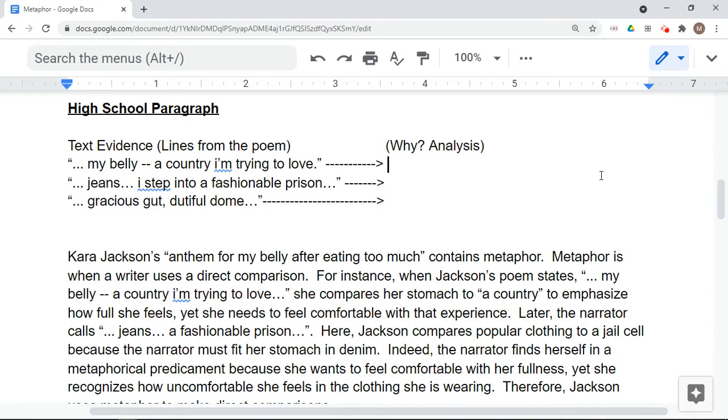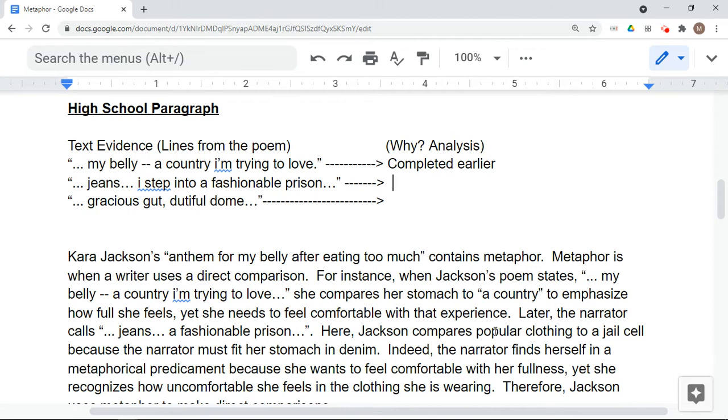So I think we answered this earlier. We completed this in the previous, write down here to emphasize how full she feels, yet she needs to feel comfortable with that experience. So I think we addressed that. I think we addressed this with this idea of, again, trying to fit in.